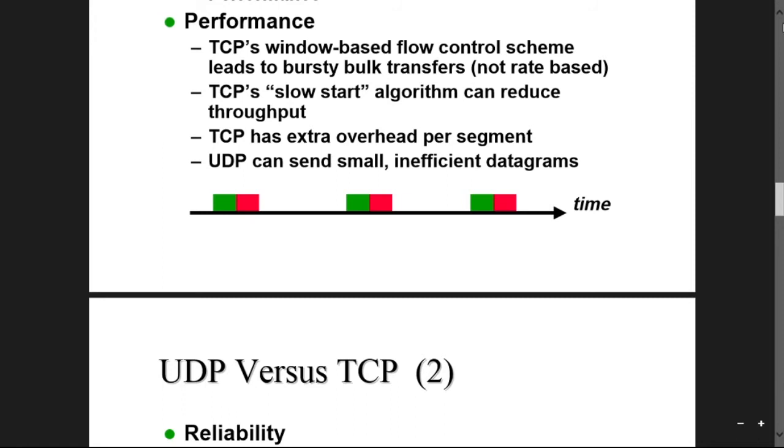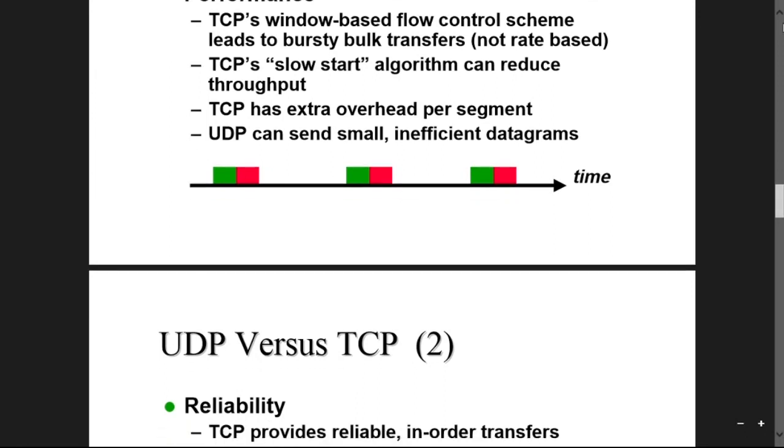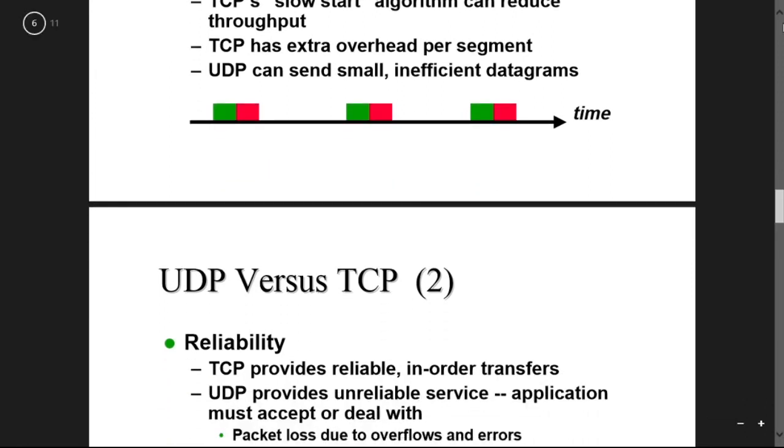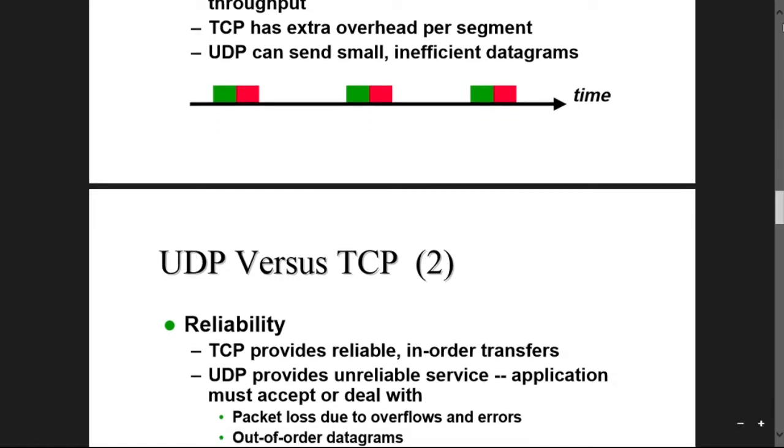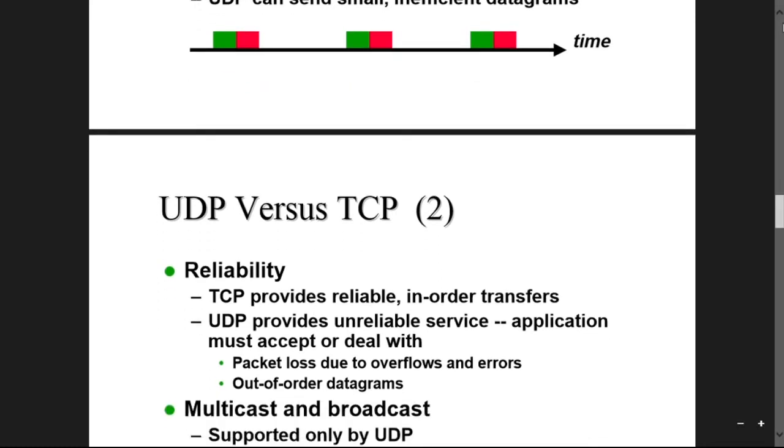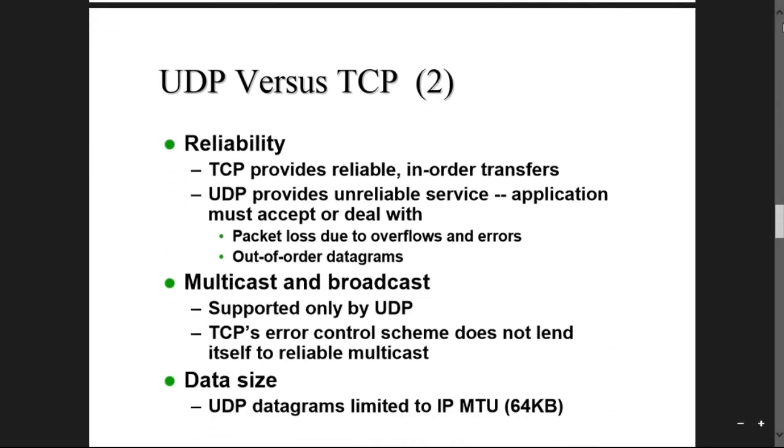Transfer rate means how many bits can be sent per second. There is no transfer rate, and with the slow start algorithm it can reduce throughput. TCP has extra overhead per segment, but UDP has a small datagram, and it can send efficiently.